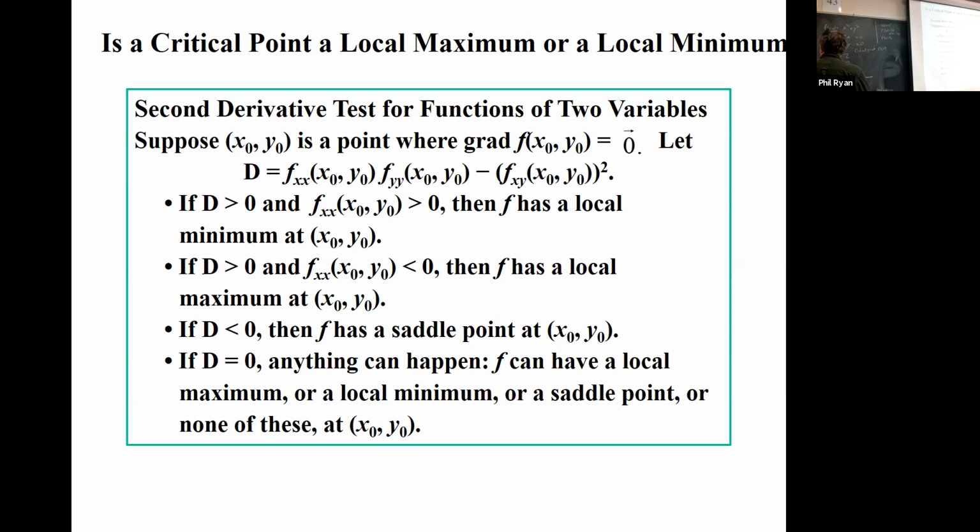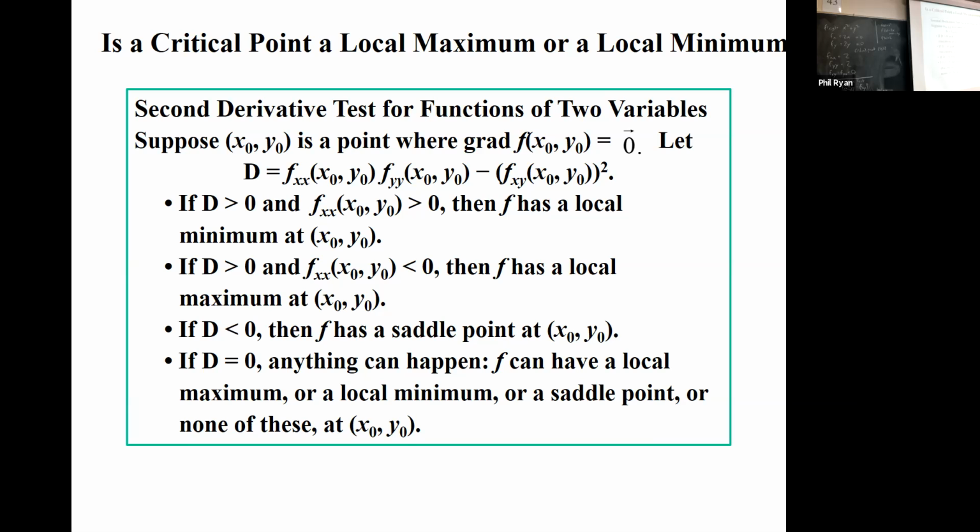If you get something like x squared minus y squared, you get fx equals 2x, fy equals minus 2y, fxy equals 0. Set it equal to 0, and you get a critical point at (0, 0), because that's when they're both equal to 0.